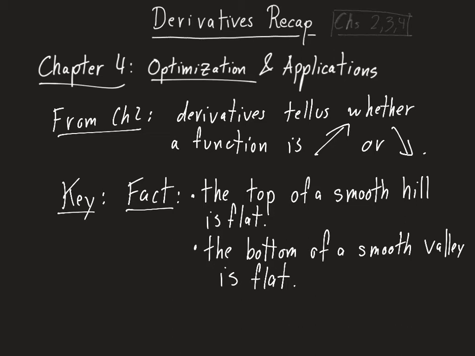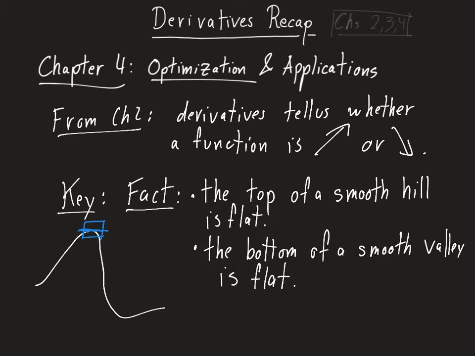I'd really like you guys to take this idea in. I know that this seems very simple. Perhaps it seems so simple that you're not entirely certain what I mean by this, but it is actually a very simple fact. If I draw, say, a hill and a valley in a smooth way, then you'll notice that at the highest point up here, we have a point at which our function is completely flat.